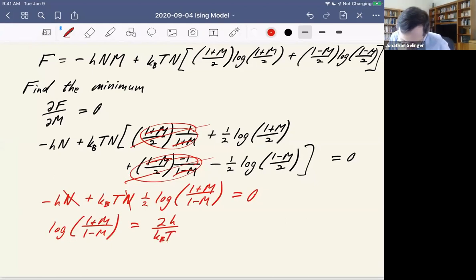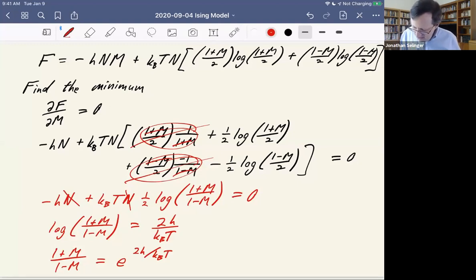So 1 plus m over 1 minus m is the exponential of 2h over kt. Since you remember that whenever I write log, I always mean natural log. Right? So it's like that. And now this is an equation which is not too hard to solve for m.